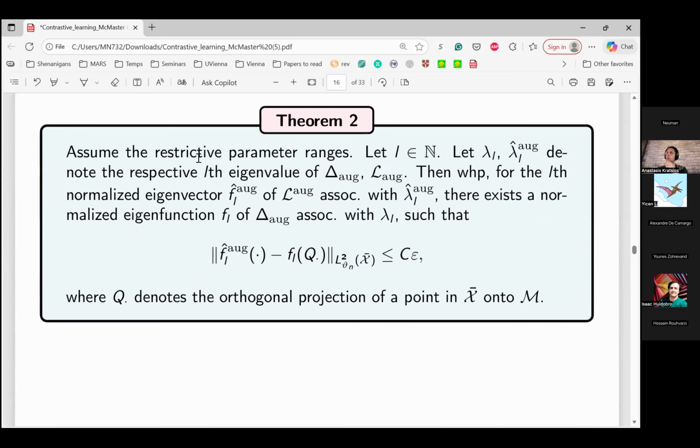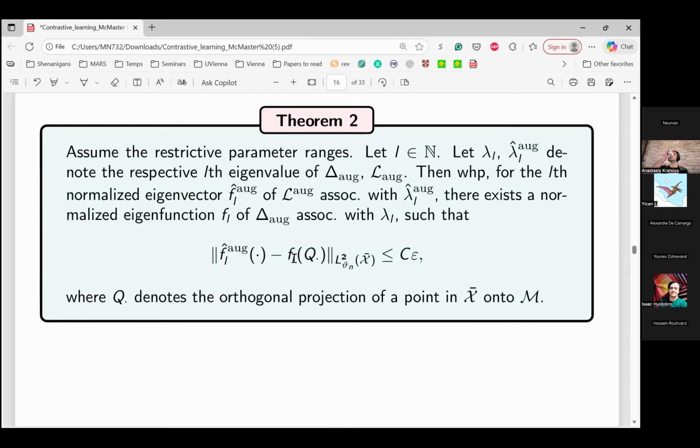So here I just say, if you assume a restrictive parameter range, and you have the augmentation graph Laplacian and the Laplace-Beltrami operator, then with high probability, the L2 normalized eigenvector f hat L here is close to the L2 normalized eigenfunction of the Laplace-Beltrami operator in the following sense.